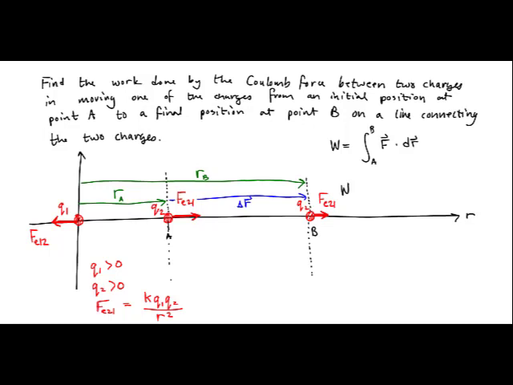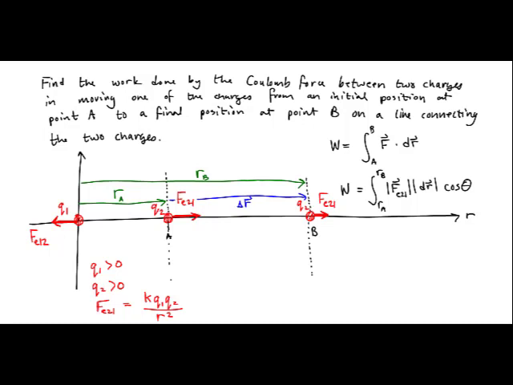One version of the dot product between two vectors allows us to represent the dot product as being equal to the product of the magnitudes of the two vectors, in this case the two vectors being the Coulomb force on charge 2 and the displacement vector, times the cosine of the angle between those two vectors.